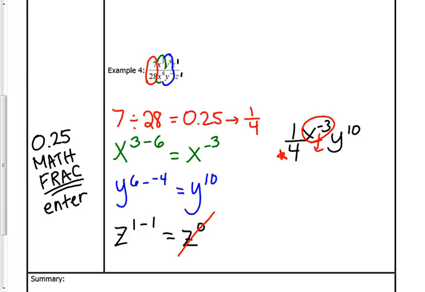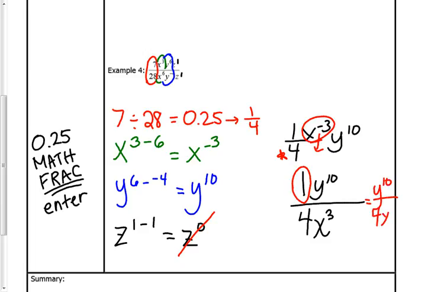So this x to the negative 3 is going to join that 4 in the denominator and become a positive exponent. In my numerator, I have the 1, and I have y to the 10th power. So my answer could be written like this: 1y to the 10th over 4x cubed. Or most likely we won't see the 1 in front, so we're just going to make this y to the 10th over 4x cubed as my final answer. But either way, it would be correct.